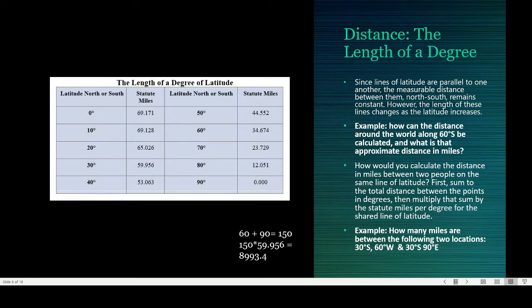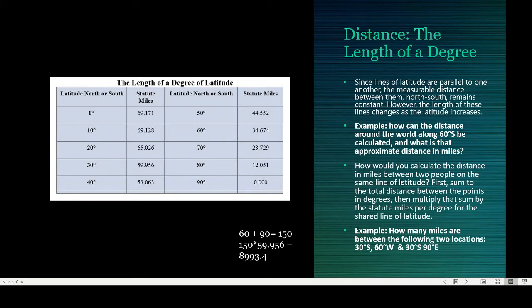And we know 60 degrees west and 90 degrees east are longitude, because longitudes are designated only west or east of the prime meridian.